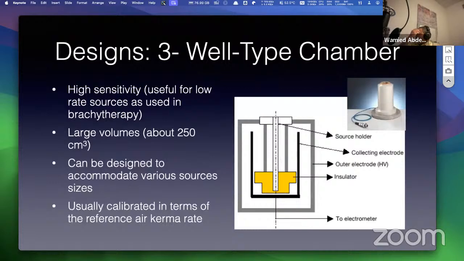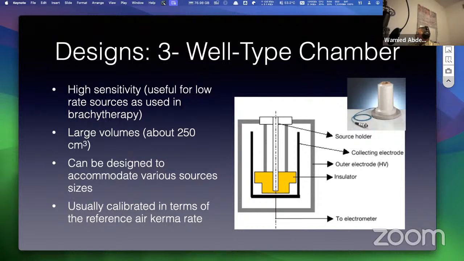A third type of ionization chamber in the clinic is the well-type chamber. They do have high sensitivity, useful for low dose rate sources, like those used in brachytherapy. They do have a large volume and can be designed to accommodate various source sizes.